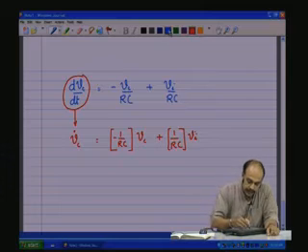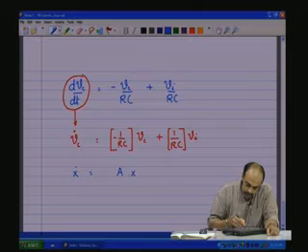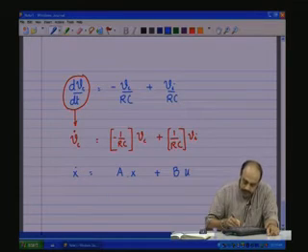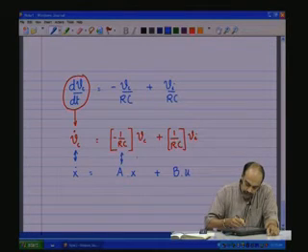Now, compare this with the standard form, which is x dot equals A x plus B u. There is a one-to-one correspondence between these two.